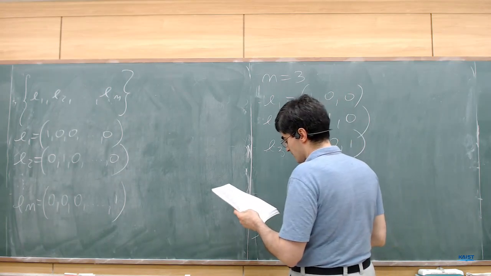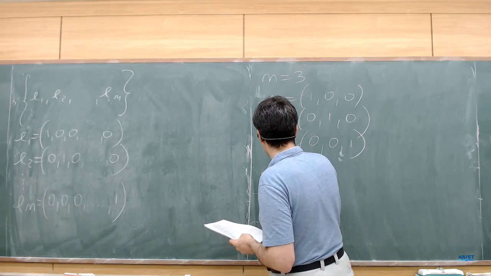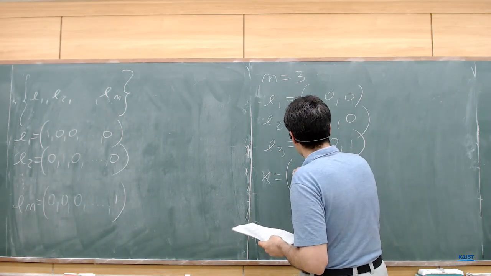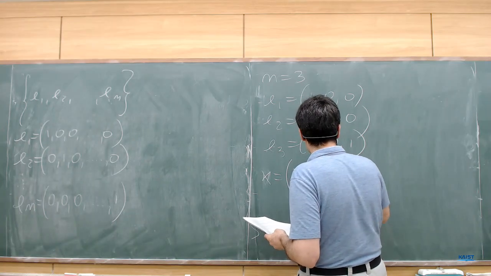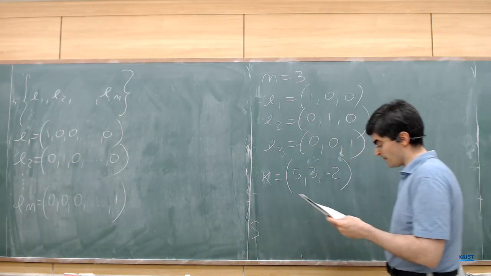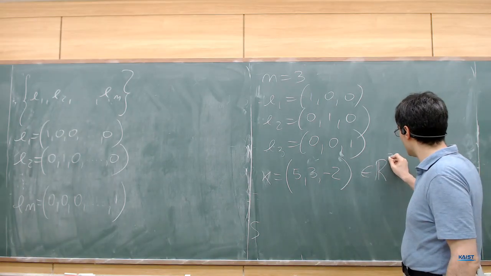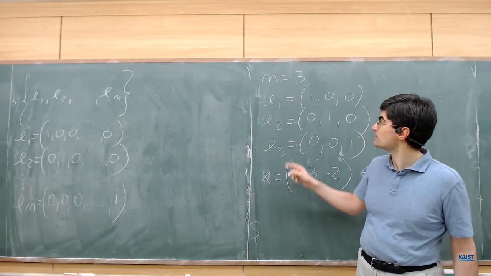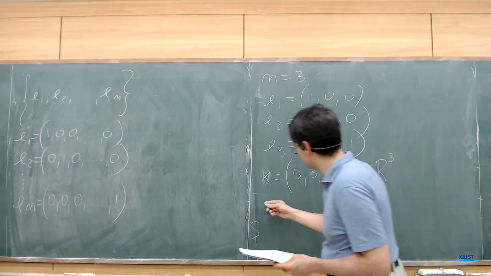And if you take a vector x like 5, 3, minus 2, what can you say about its components in the direction given by e1, e2, e3? Very easy.